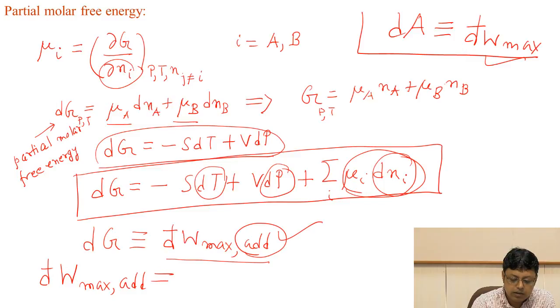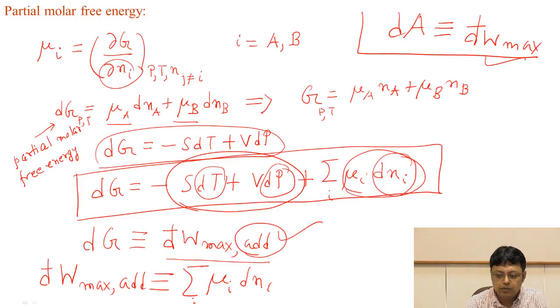Additional work. This is nothing but the sum of mu i dn i, because remember that this part, if you work it out, you will realize that it will be equivalent to the work done relevant to the PV work.